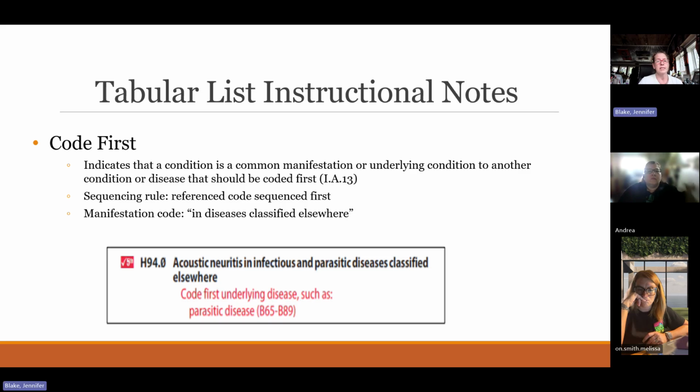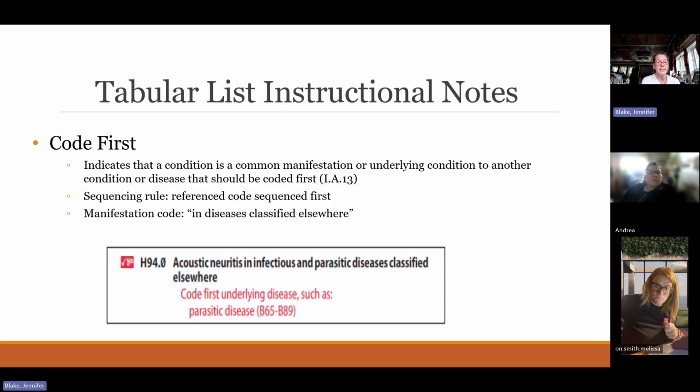So your tabular list instructional notes, just showing you what it looks like. I put a little snippet in here for you. The "code first" note, this is actually out of your book. So it says right there in red. So if we were looking at this H94.0, acoustic neuritis in infectious and parasitic diseases classified elsewhere, it tells you, hey, if you want to use this code, you need to first code the underlying disease, which is most likely a parasitic disease, and they're giving you where you can find that at B65 to B89.